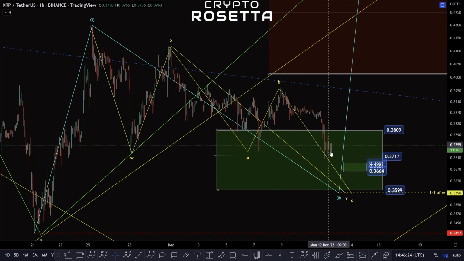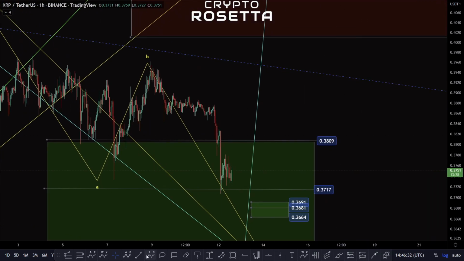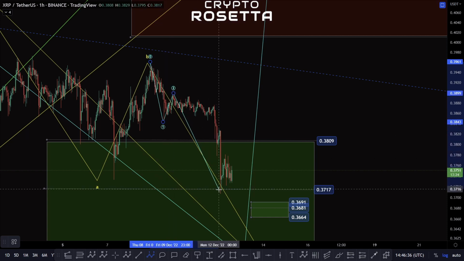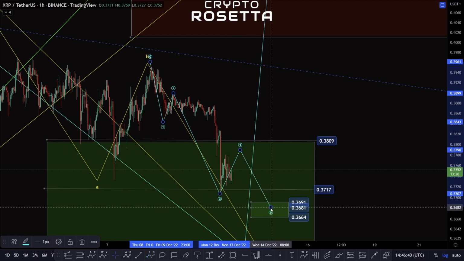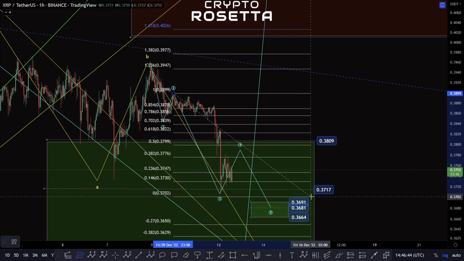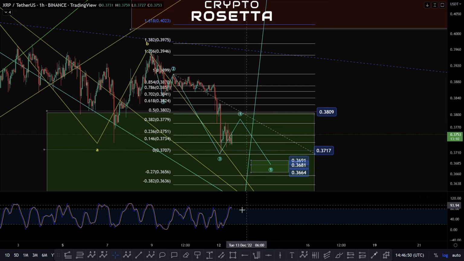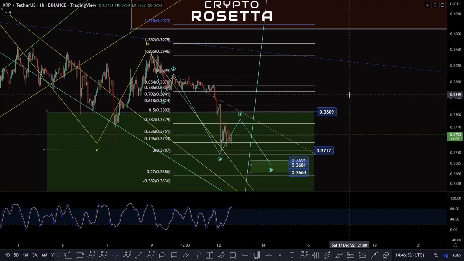So it is possible that we could start to turn around from this point and that maybe we don't get as low as this. Though looking at the internal structures, the way I'd be looking at it is this is a 1, 2, down into this low for 3, would be forming a fourth wave and looking for that fifth wave drop. We can see here, if I drop this onto here, basically we've reached this 0.382 area, and currently we can see the 1 hour is overbought.